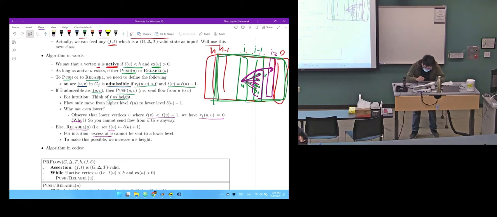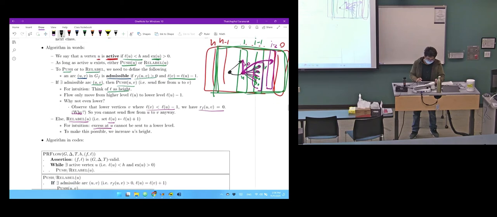For example, there might be some edge here with residual capacity more than 0. But at this point, we don't allow sending yet. But if we make U higher here, now it can send to this node. All right.